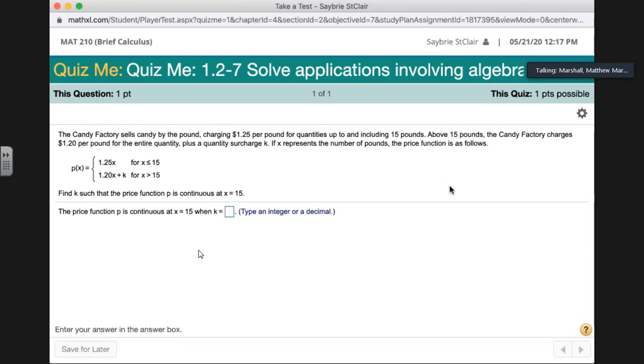And then when I plug in 15 to that bottom one, it gives me another 18. So let's see, 1.25 times 15 is 18.75. 1.25 times 14.9 is 18.625.